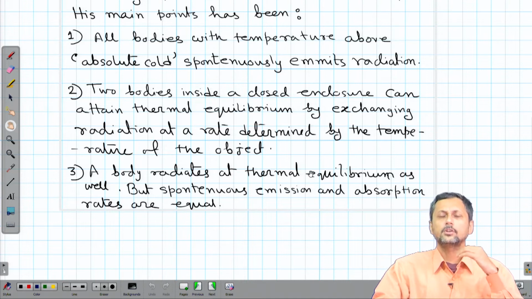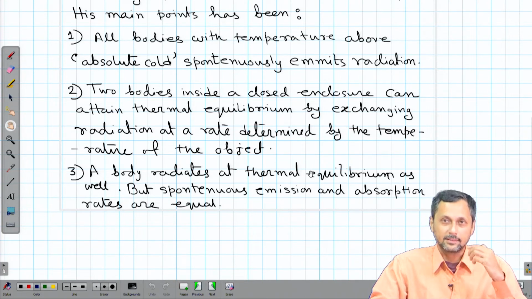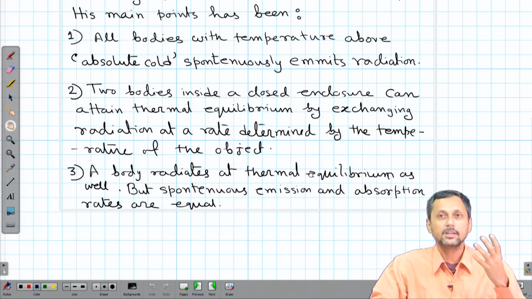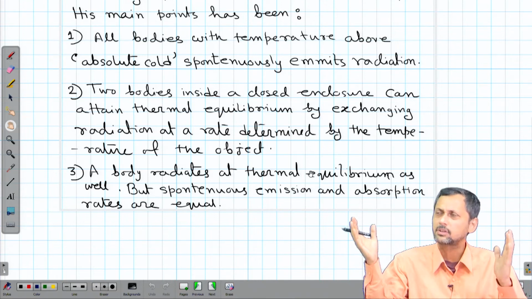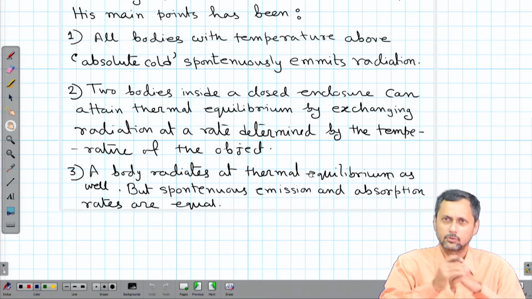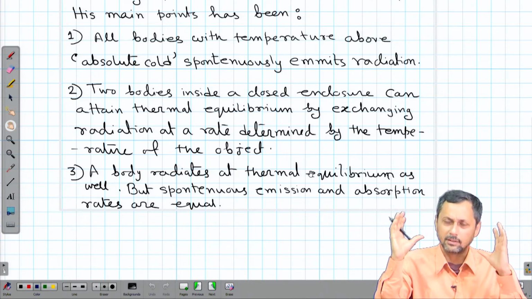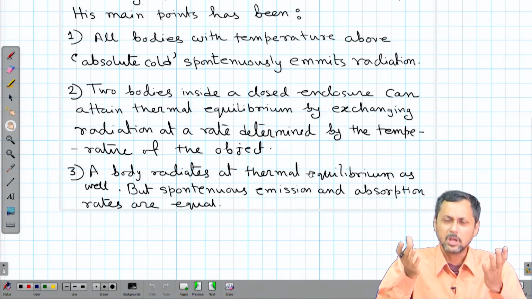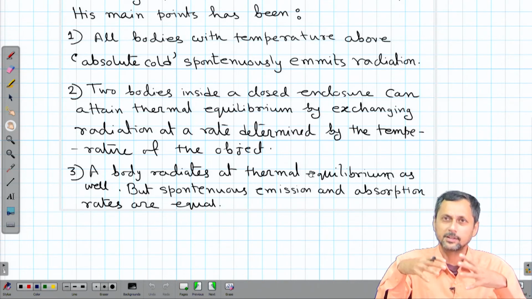Now, Prevost did not stop there. He continued saying that even after reaching thermal equilibrium, there will still be radiation, but at the same time the body will also absorb radiation from other possible sources. Each object or each part of the wall inside a closed container is a definite source of radiation. So an object placed inside a closed enclosure in thermal equilibrium will not only emit radiation energy, but will also absorb radiation energy at the same time.